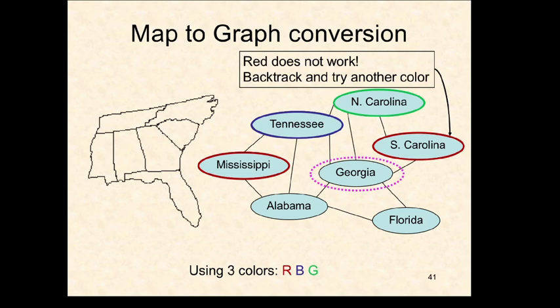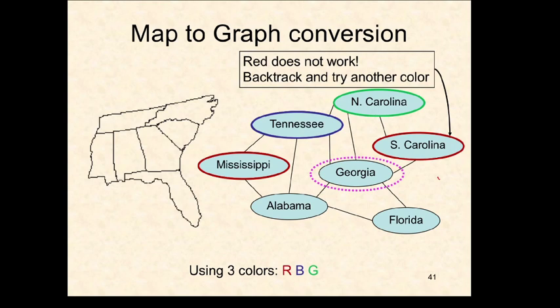So let's say I colored Mississippi red, Tennessee blue, North Carolina green, South Carolina red, and then I say, well, South Carolina red here, well then what happens? What do I do with Georgia? Georgia can't be anything. It can't be blue because it's next to Tennessee. It can't be green, it's next to Carolina.